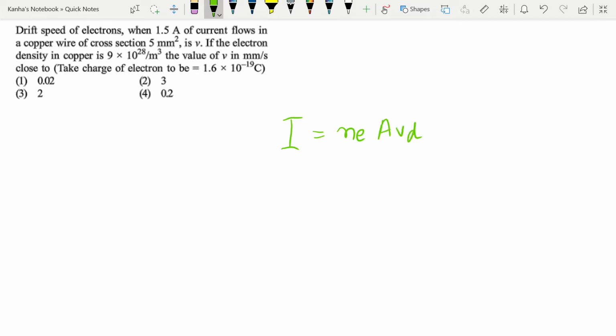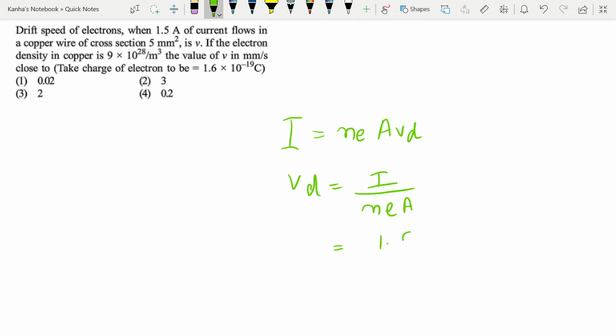So I is equal to NEA VD, where I need to find the VD. So VD is nothing but I divided by NE into A. All the values are already given to you.